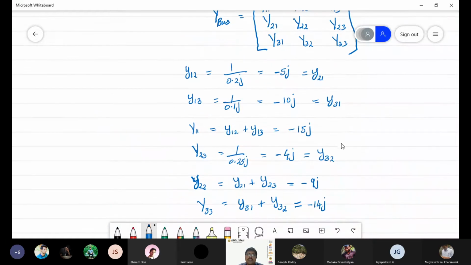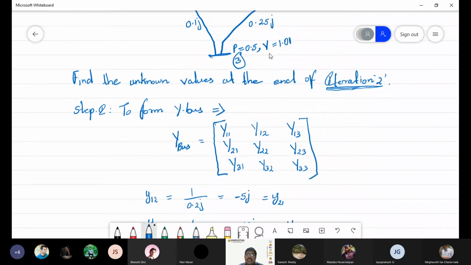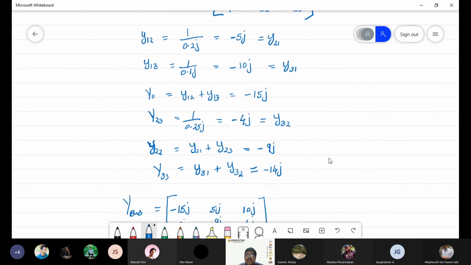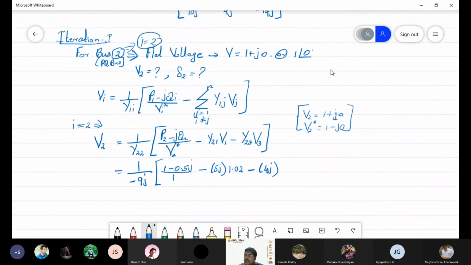Once again, we have to go to that system. Where is the system? Yes, here V3 value is also given, 1.01, right? So we have to put that value, V3 is 1.01. So if you are substituting here 1.01, right, that's all, so that you can get the value of V2, right?